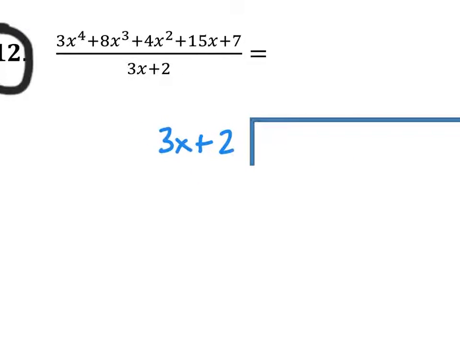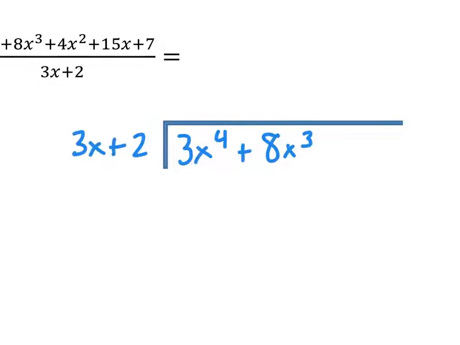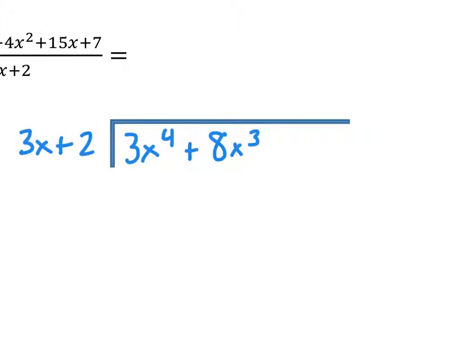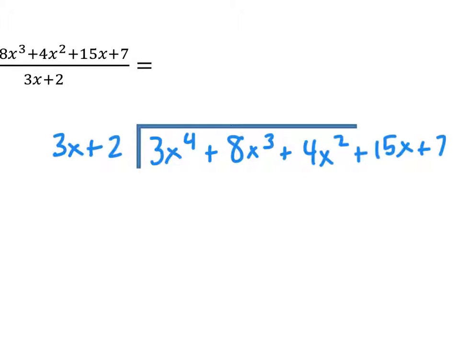So that is 3x to the 4th plus 8x to the 3rd plus 4x squared plus 15x plus 7.